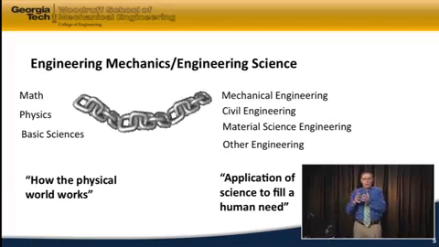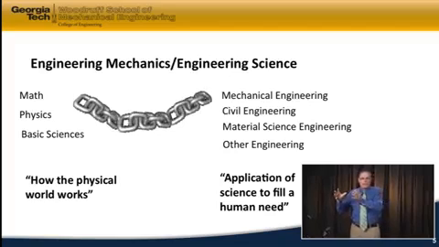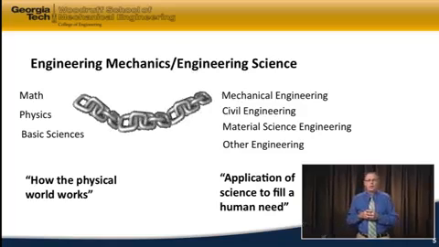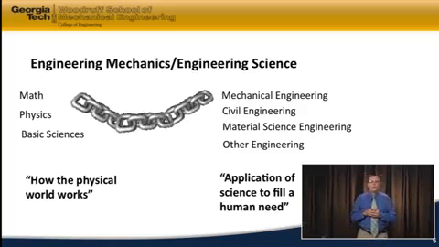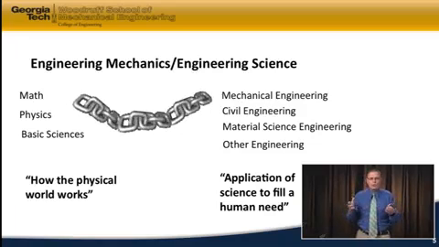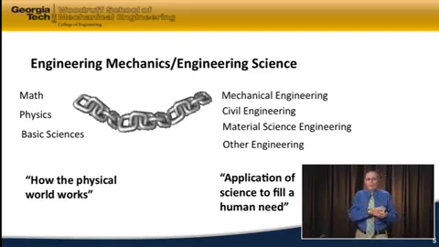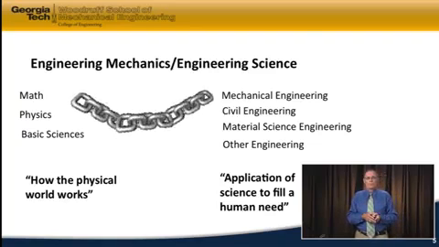Engineering mechanics, or what's sometimes called engineering science, is the linkage to the engineering disciplines of mechanical engineering, civil engineering, material science engineering, or all kinds of other engineering, where we try to, in engineering, fulfill a human need by applying the science that we learned before.